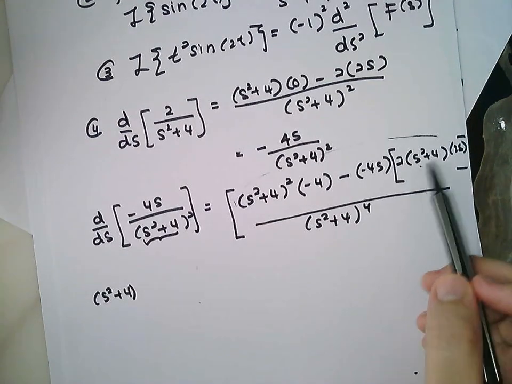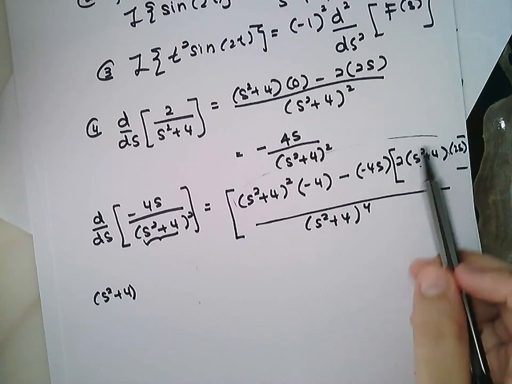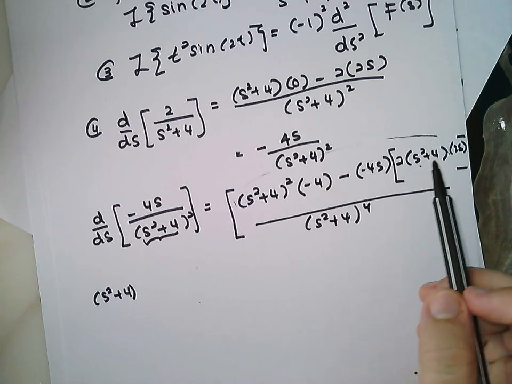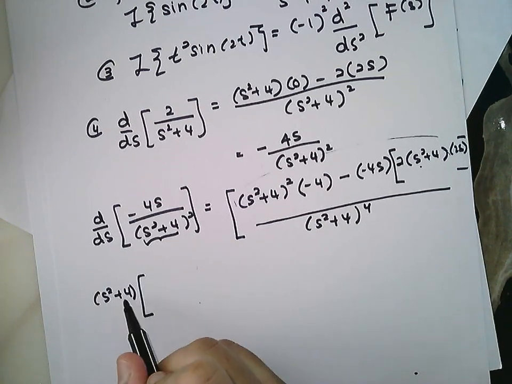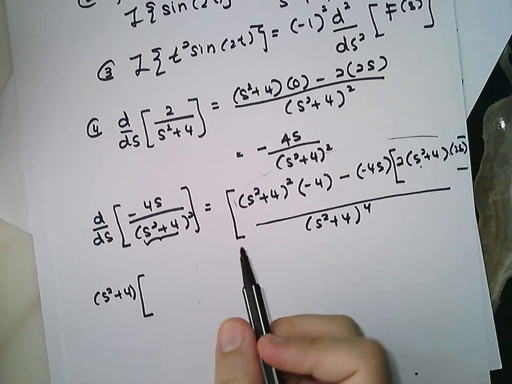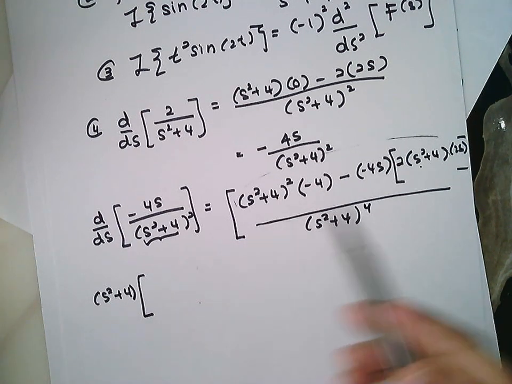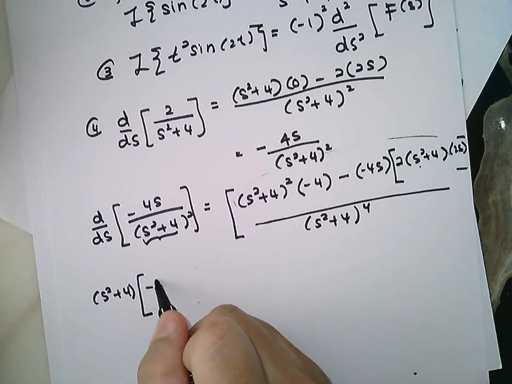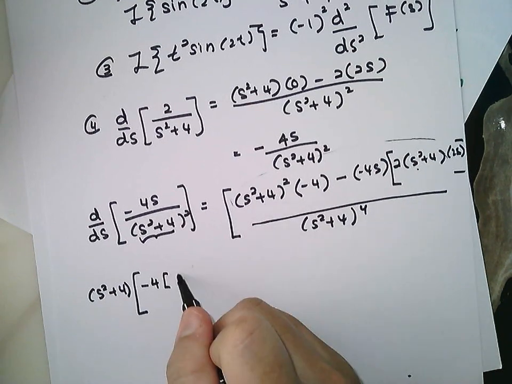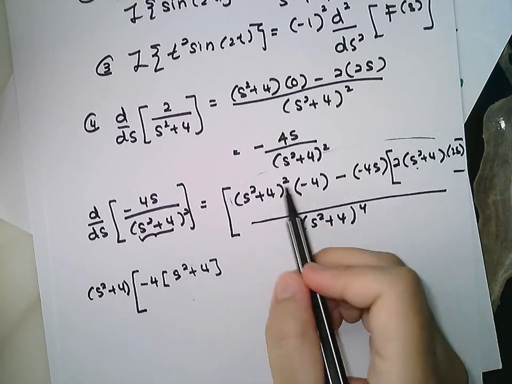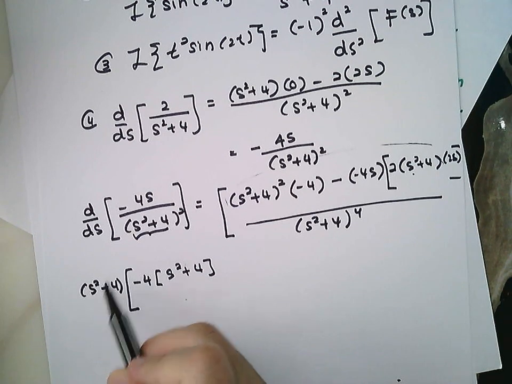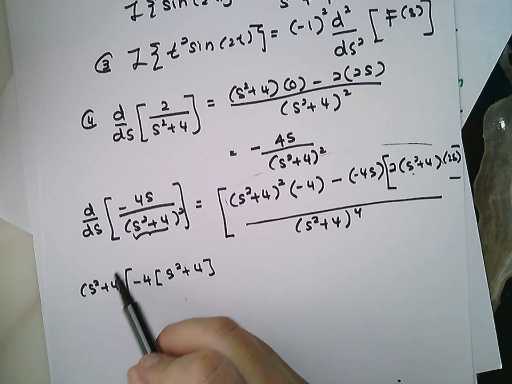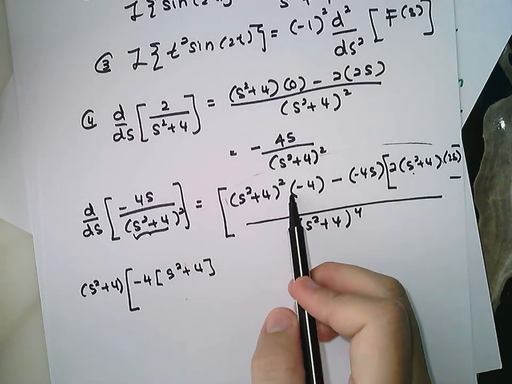Because for this part you just have a single term of s squared plus 4, so we take the least one. Factorizing s squared plus 4, what is left in the numerator is negative 4 times this s squared plus 4, because here you have squared, so you already factorized one and left another one here. Remember, when you expand this back, you should get this function.